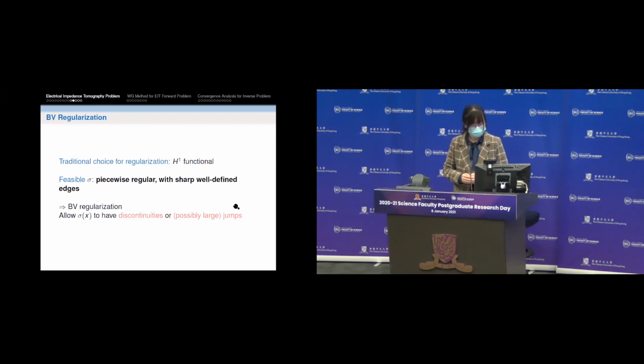The regularization method we used is based on bounded variation regularization. Some traditional choice of regularization might be the H1 functional. However, in this problem, we want to reconstruct the conductivity that is only piecewise regular, and it might have sharp, well-defined edges. It is discontinuous, and it might have possibly large jumps, and we care about these jumps.